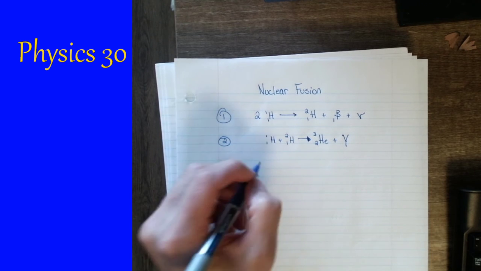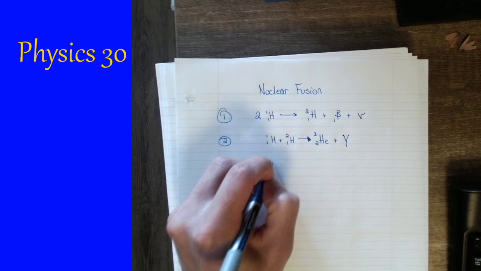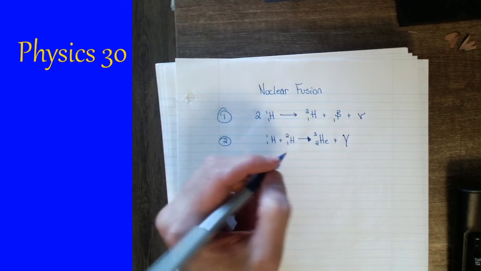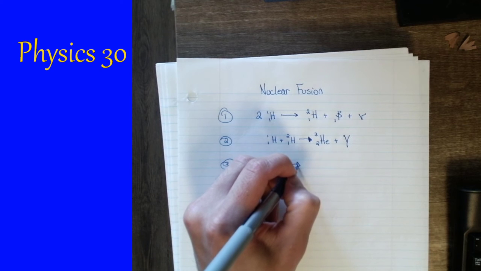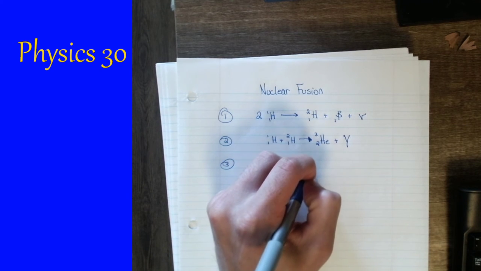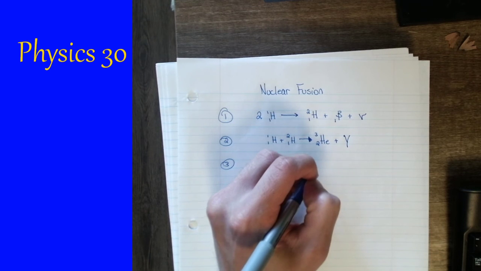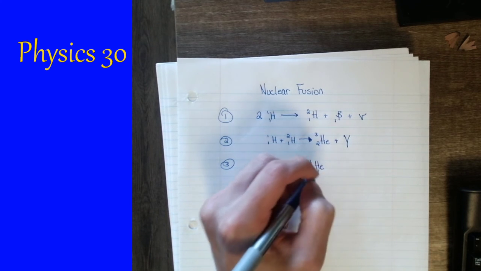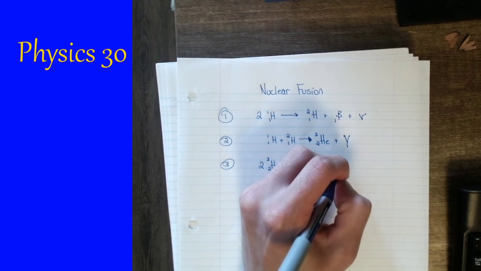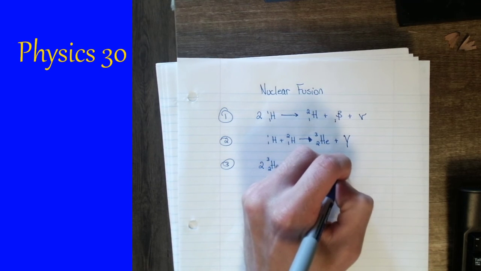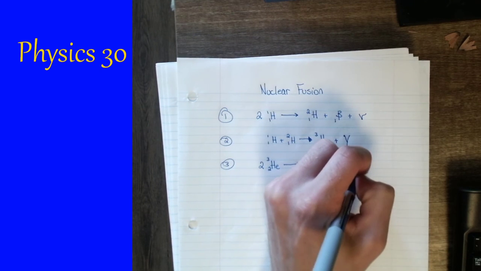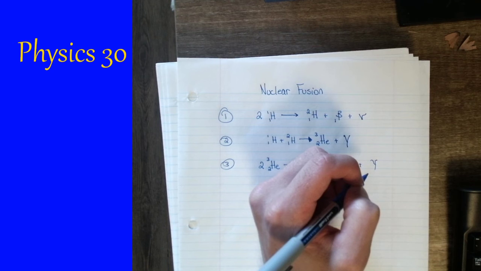After this occurs, you take two of those helium 3,2s, which is what we say is happening inside of our star. You squeeze them together and you'll get helium 4,2, a helium 4 atom, plus 2 hydrogen atoms, plus some more gamma ray photons.